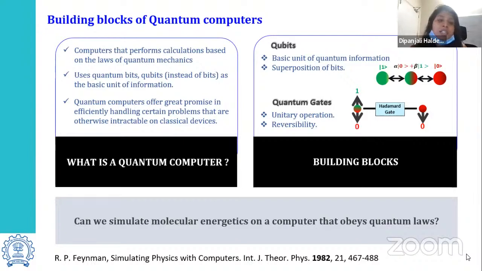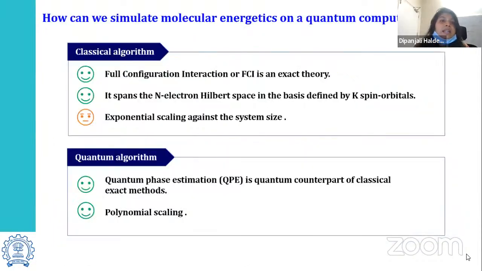Now the question is, can we simulate molecular energetics using quantum algorithms? Till date, there are various classical algorithms that serve the purpose.